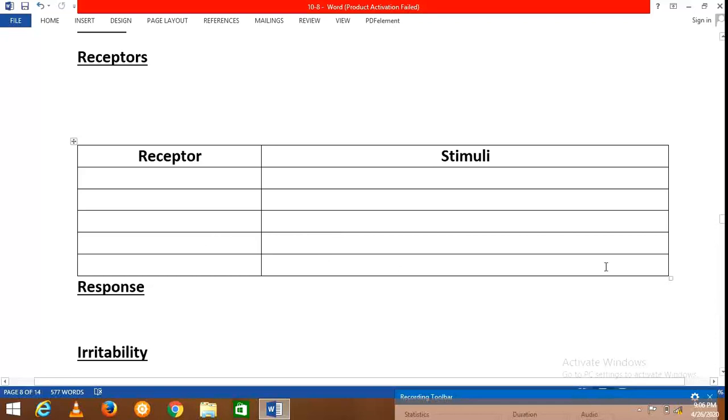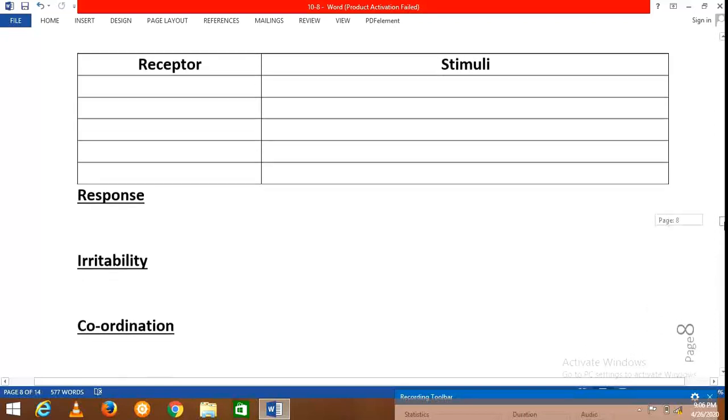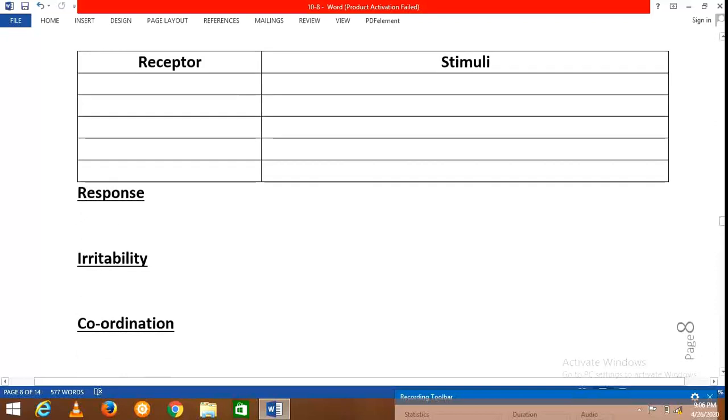Then a response is a reaction according to the change in the environment, or a reaction according to the stimulus obtained, is known as a response. Then irritability is the ability to respond to stimuli. So the characteristic of living organisms is irritability and coordination.